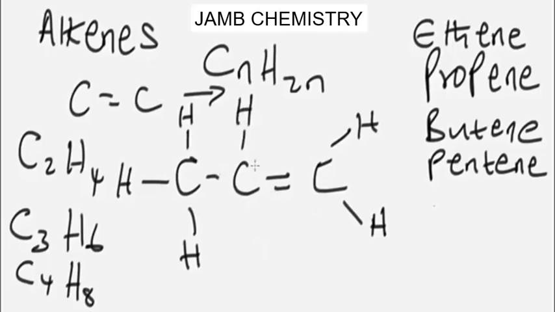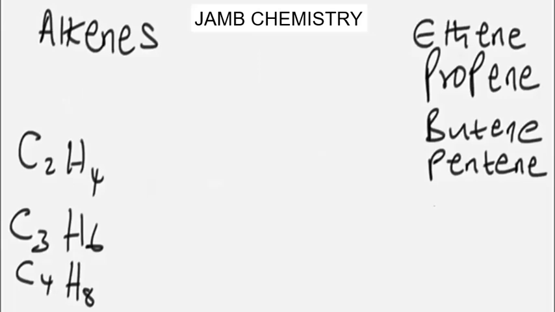What of the structure of butene? Let me show you how you draw it. As usual, this double bond here shows that this is an alkene. Let's wipe this. Butene has 4 carbon atoms and 8 hydrogen atoms. So the structure of butene is going to look like this.